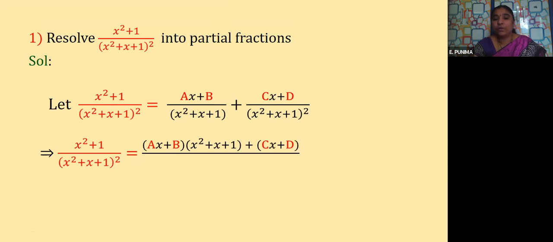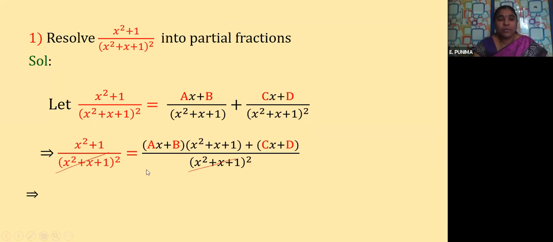Here the square term is already there, so that itself is the LCM. So here we get only cx plus d. Clear? Now if you observe the terms on LHS and RHS, the denominators are same. So let us cancel the denominators.